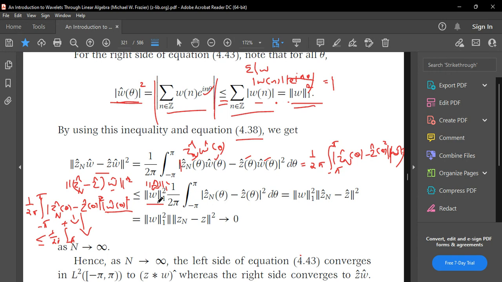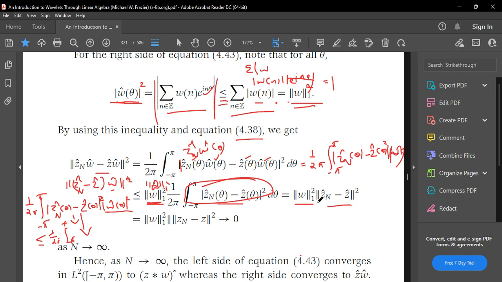This norm W1 is a constant and we can take it out as common, and the rest is 1 by 2 pi integral from minus pi to pi of modulus of Zn cap of theta minus Z cap of theta the whole square d theta. This will be equal to norm W1 square times the whole quantity, which is called Zn cap minus Z cap the whole square.